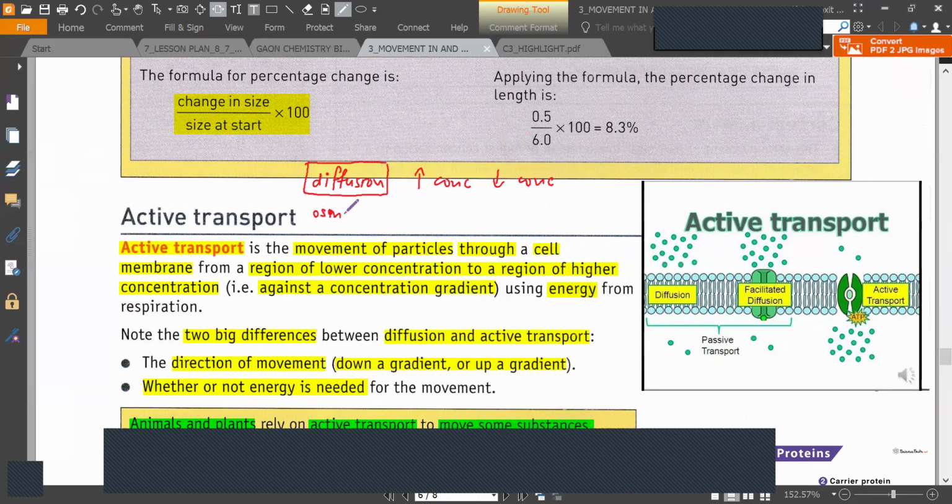Osmosis is going from high water potential to low water potential. So this one we are only talking about water, and it must be going across the cell membrane for osmosis.